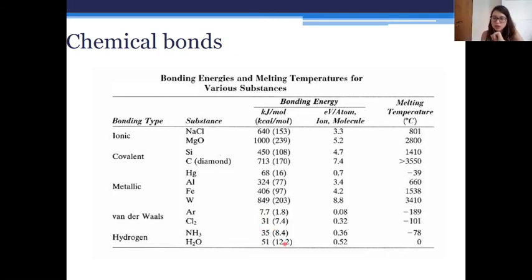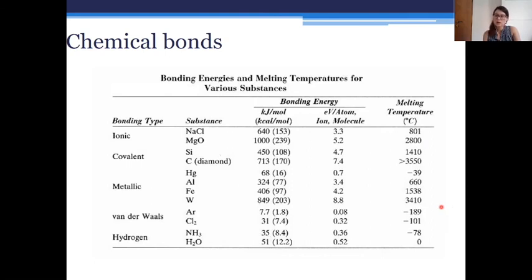Then we have the hydrogen bonds. Then we have, depending on the kind of molecules, covalent and metallic, and the strongest one is the ionic bond. And as you can see on this table, it seems that there is a relationship between the bonding energies and the melting temperature. Just looking at this information, the lower the bonding energy, the lower the melting temperature.